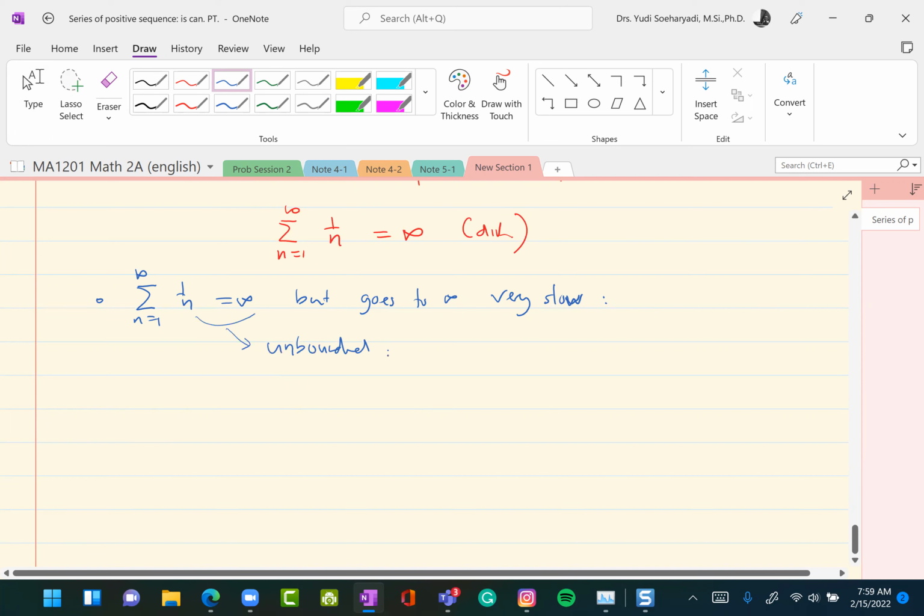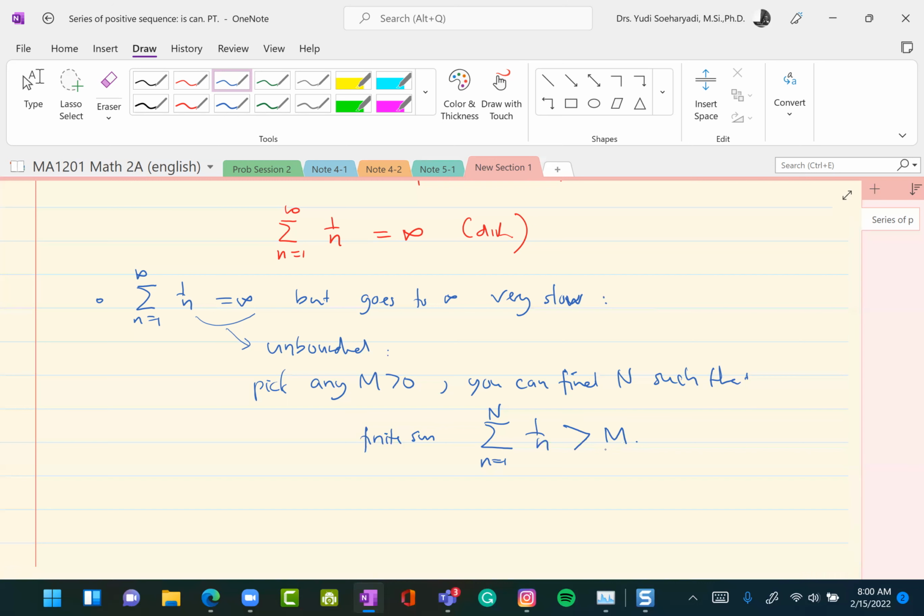Unbounded means that if you pick any big number M, then you can find n such that this finite sum exceeds M.